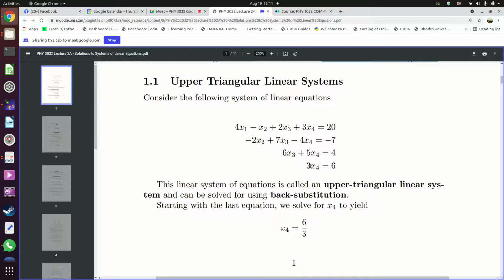With what you can see here, of course, these numbers, the 4, the 2, the 3, are what are called coefficients. And then there are the x1, x2, x3, x4. These are what we refer to as the unknowns. Then anything after the equal sign, those are basically the constants.